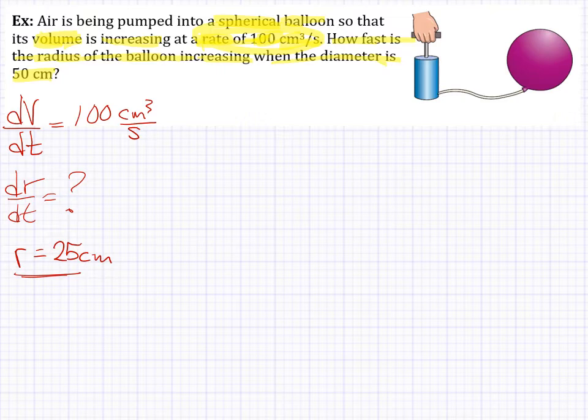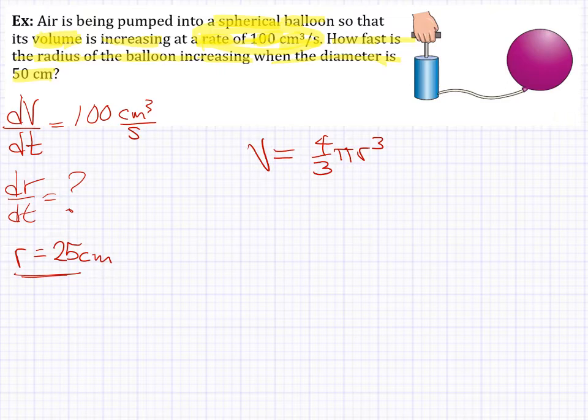But this is what we have. We're talking about a sphere, so the formula for the volume of a sphere would be 4/3 pi r cubed. If we're going to find this volume, we would have to find the related rates for the variables in this problem, that's both V and r.